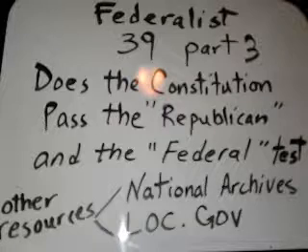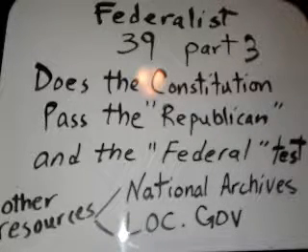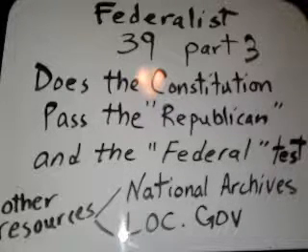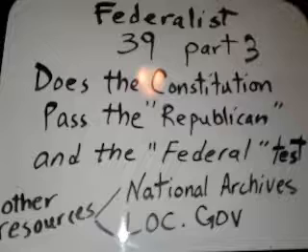The Constitution says that no titles of nobility shall be given to anybody. So right there it's saying that we are going to be a Republican form of government. It says you can't even think about giving a title to anybody. And that's the case with the states too.